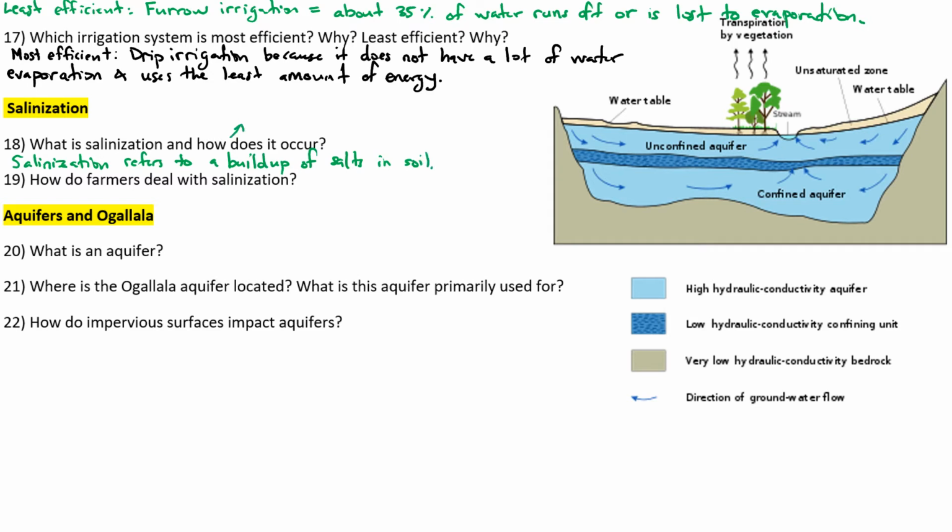Well, it can occur as a result of using irrigation water or over exploitation of aquifers, causing seawater intrusion.